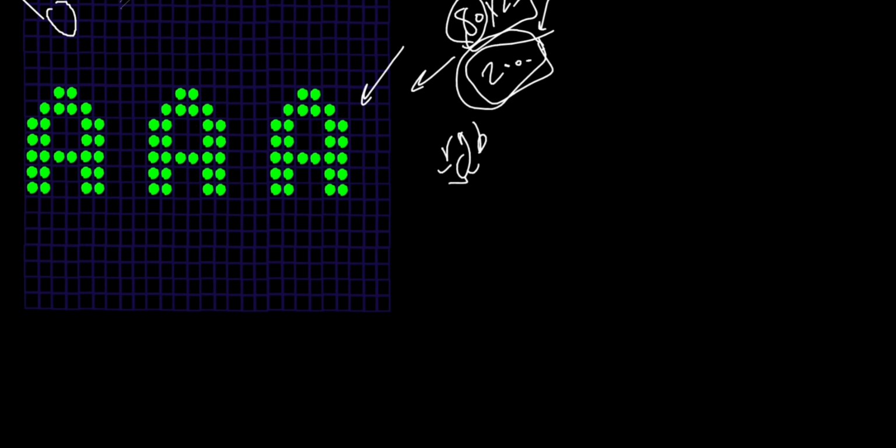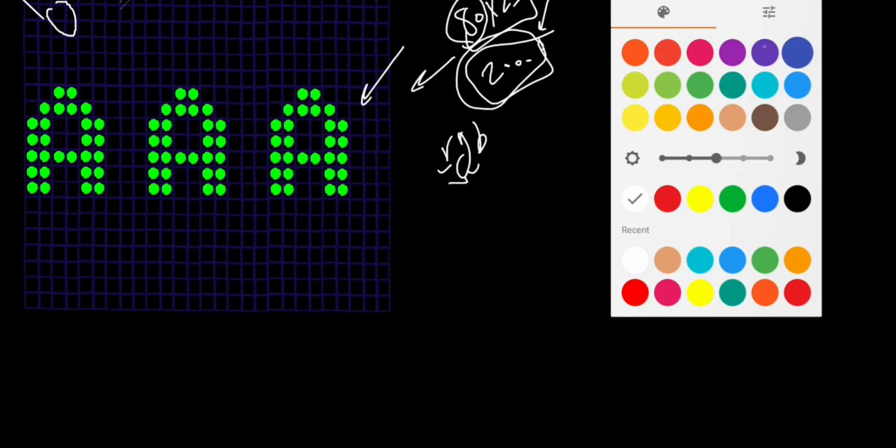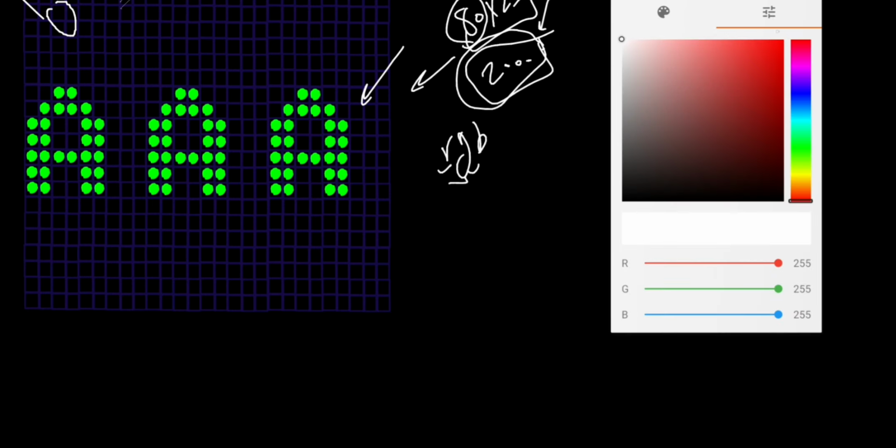Actually, let me show it to you on this tablet. If I press the color in here, you would see that I could choose any color, or I could choose another tab, and by changing the values of R, G, and B, I could create any color from being completely black, which is 3 zeros for all of them, to the amount of 255 or FF in hex, and having the color white.